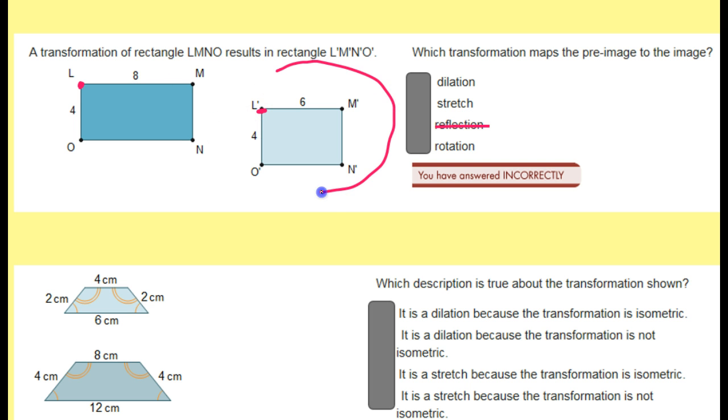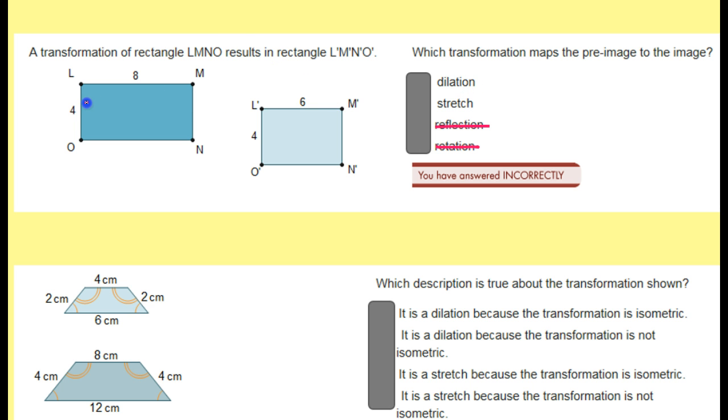So there was no rotation that happened or anything like that. So it's between dilation and a stretch. It would be a dilation if all of these sides increased at the same amount, or decreased technically.